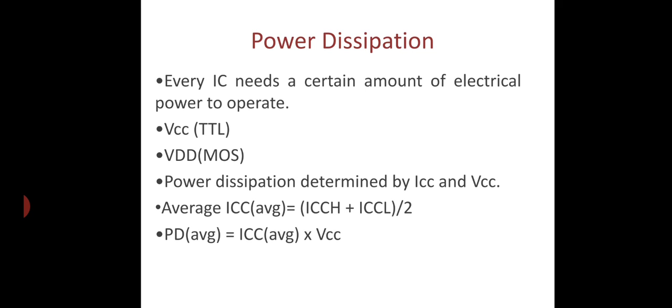Therefore, average power dissipation is given as VCC into ICC average. We require the VCC voltage when we use TTL ICs and VDD voltage for CMOS ICs.